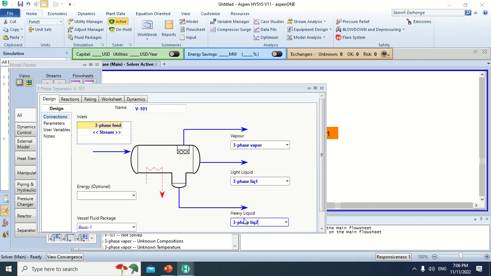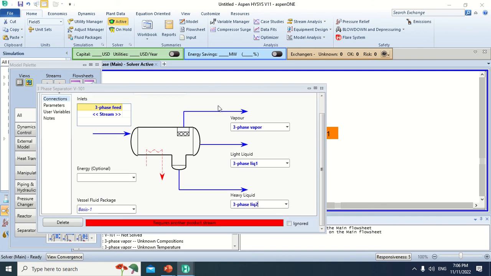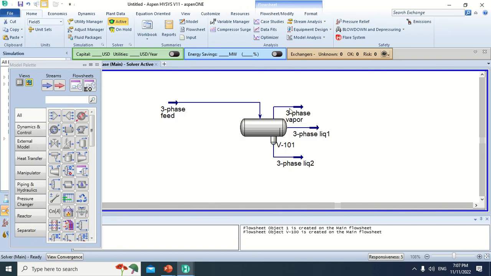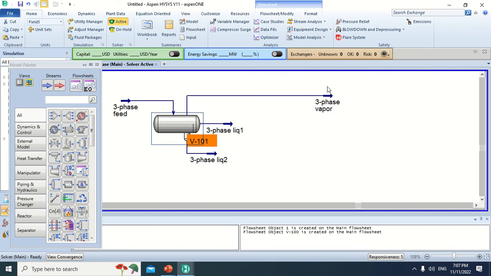Yes. All right. Okay, and now my three-phase separator is done. Finish, but I want to say something.